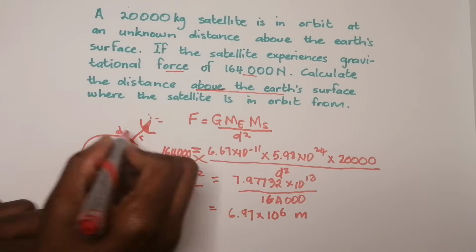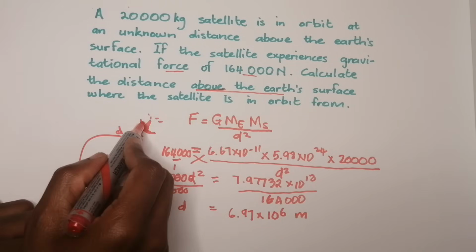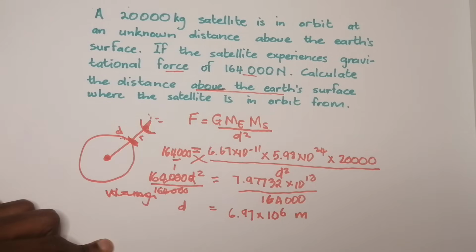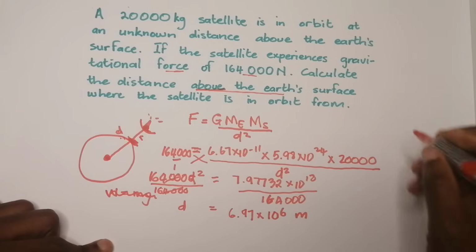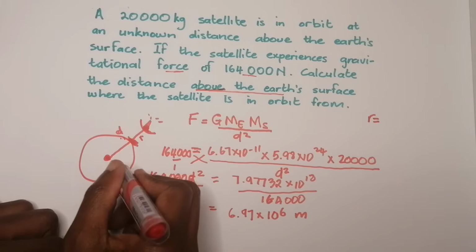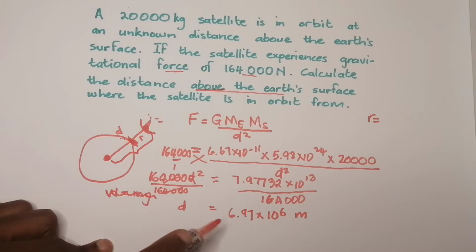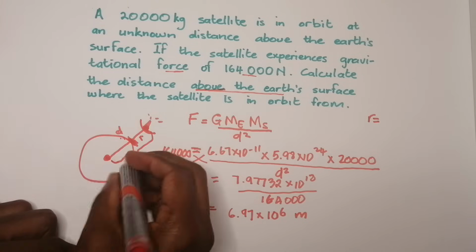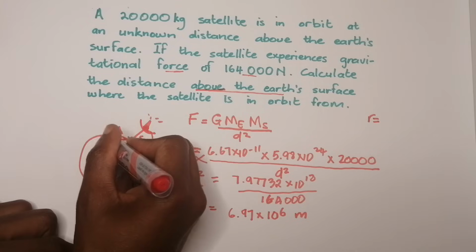I've now decided to call this small distance from the surface of the Earth to the center of the spaceship small r. So now I'm going to try and find that distance r. So r would be, now think about it, this entire distance, which I found to be 6.97, but remember, I also know the radius of the Earth, isn't it?